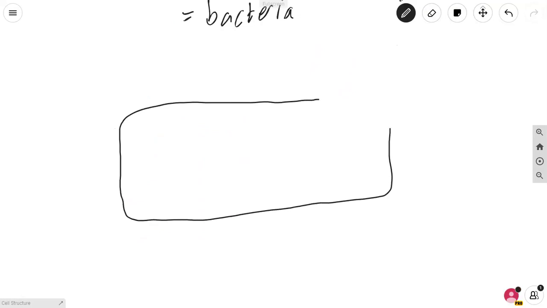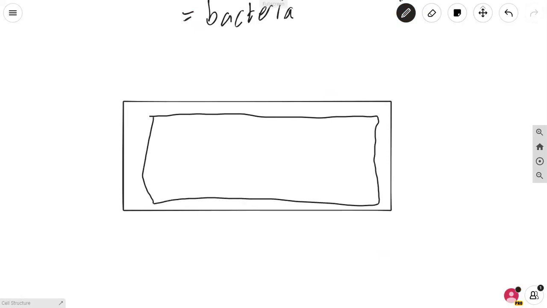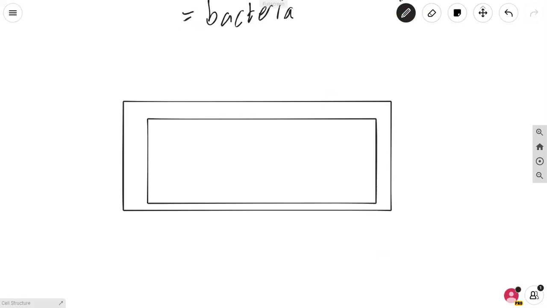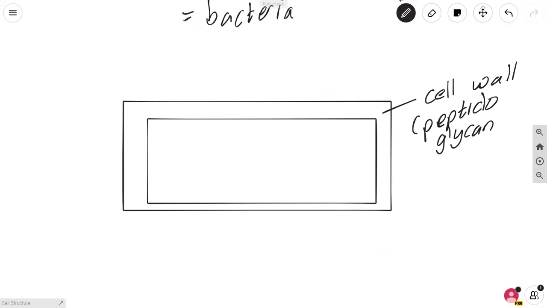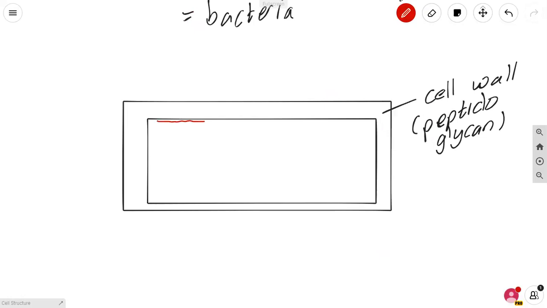So, once again, like before, we start off with a structure like that. We have a cell wall, but the cell wall is not made of cellulose, it's made of a substance called peptidoglycan, which, if you can work it out from the name, must be a mixture of protein and carbohydrate.